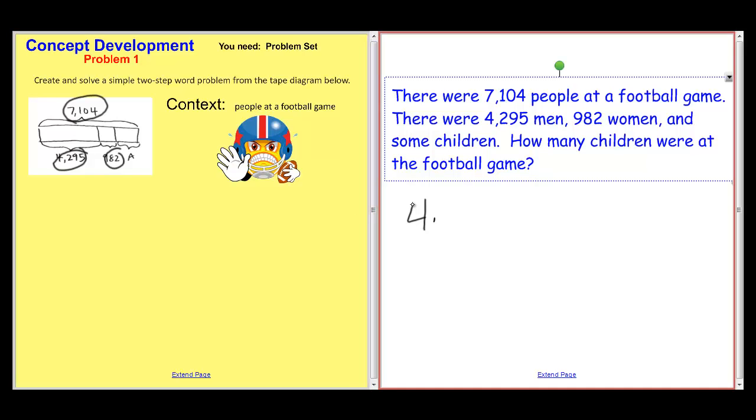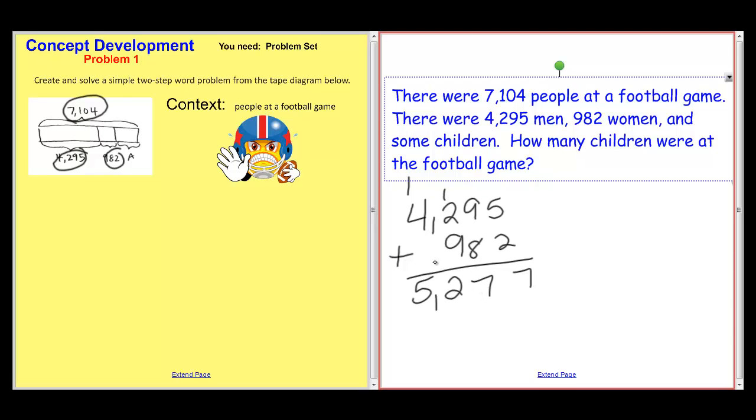So I'm going to take 4,295 and I'm going to add to that 982. And that gives me 5,277. So this is how many men and women are at the game.